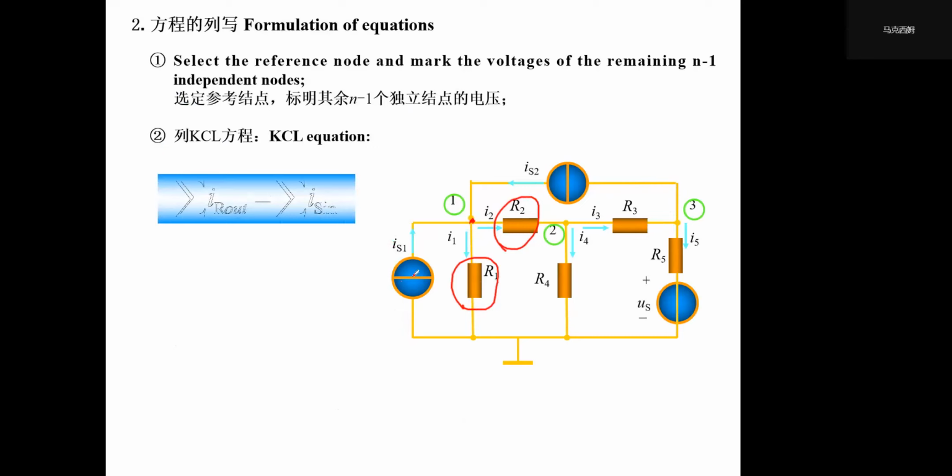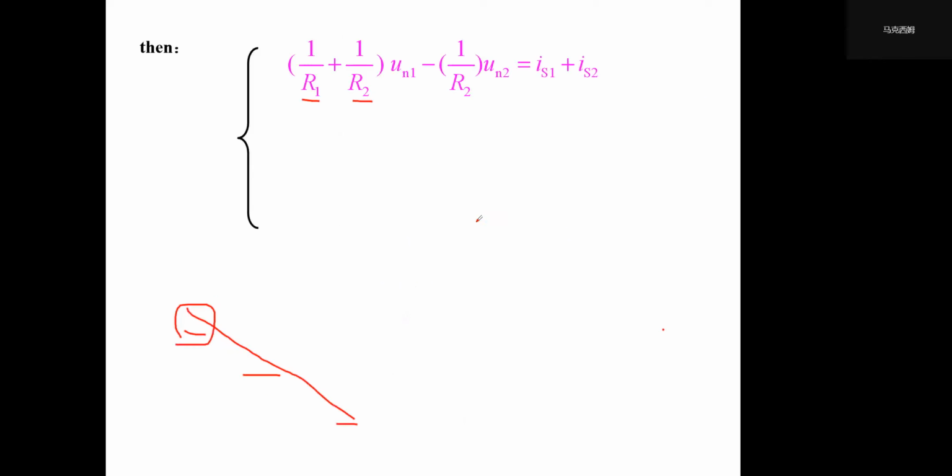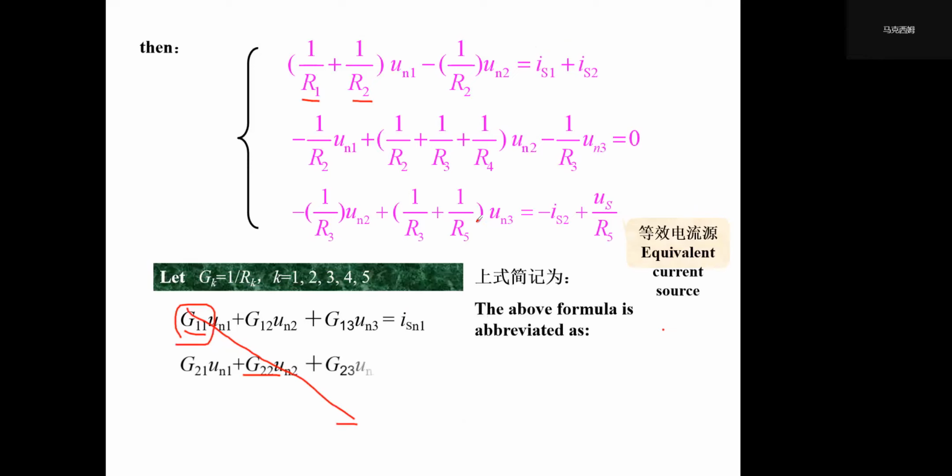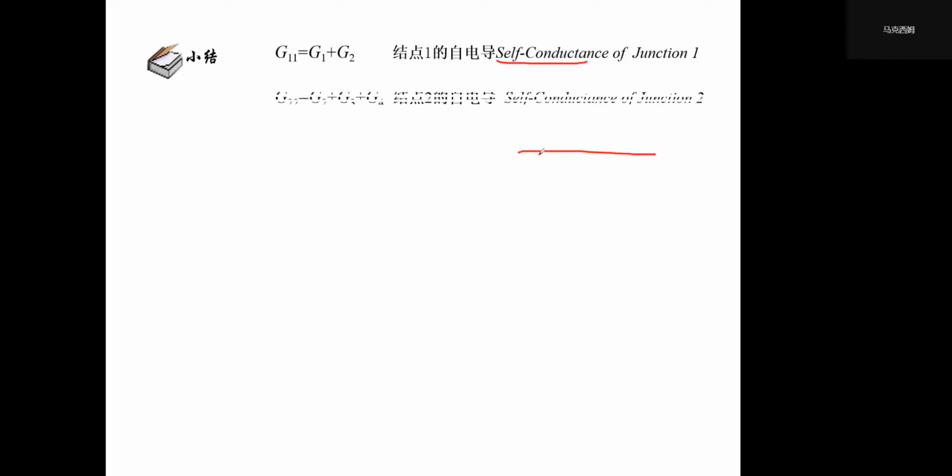This branch doesn't contain any resistance, and neither does that branch. So there are only two resistors connected to it, and their reciprocals are conductances. So G11 equals the reciprocal of R1 plus the reciprocal of R2, and we can see that G11 equals G1 plus G2.